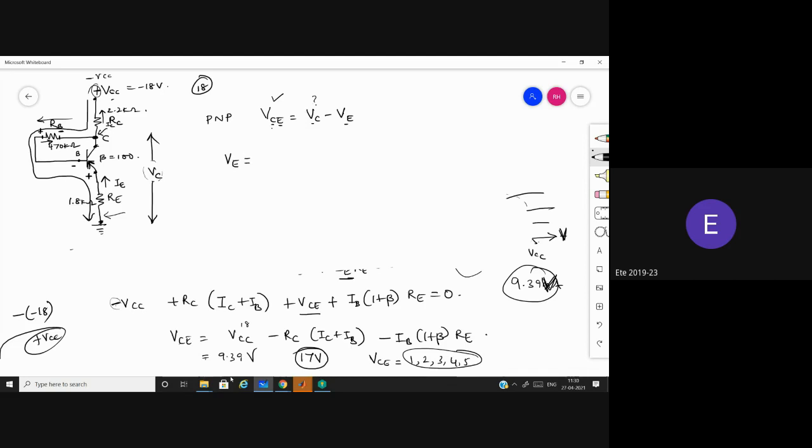VE, can we find VE? What is the formula for VE? IE into RE. So IE, we know that it is IB into 1 plus beta. From this we can find our IE and multiply by RE, and you'll be getting your VE.